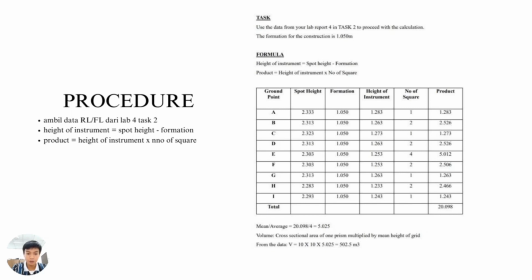Therefore, the resulting volume is 143.5 cubic meters. So, based on the given data, we successfully calculated the volume to be 143.5 cubic meters. So I think that's all from me. Thank you.